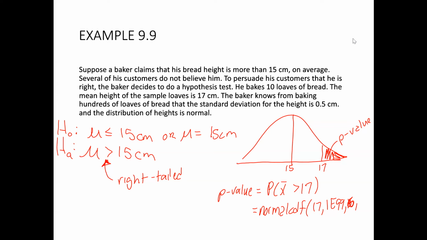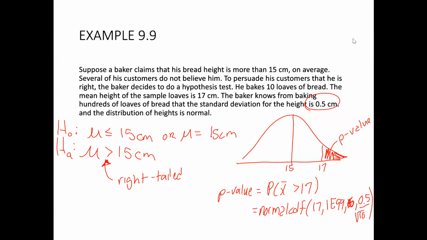He knows from baking hundreds of loaves that the standard deviation for the height is half a centimeter. But we're going to use the standard error of the mean in our calculation, not the standard deviation of the population. So we take the 1/2 and divide it by the square root of our sample size. And he baked what, 10 loaves?